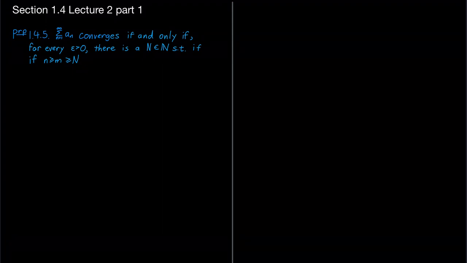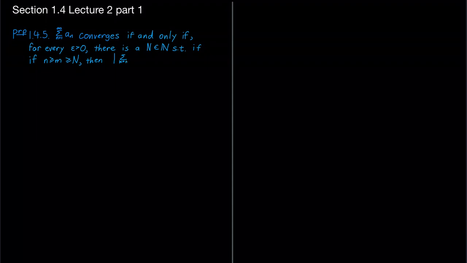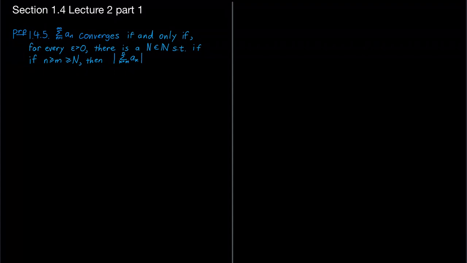So let's say it's little n. Then this partial sum, from k equals our smaller number m up to n of a sub k, is less than epsilon.